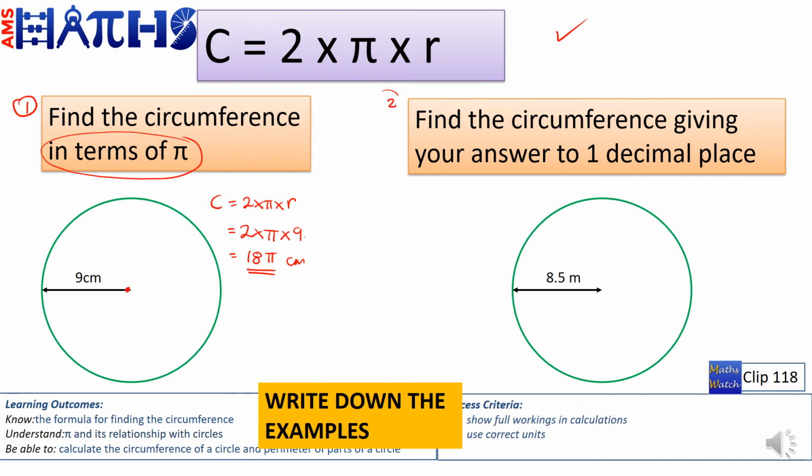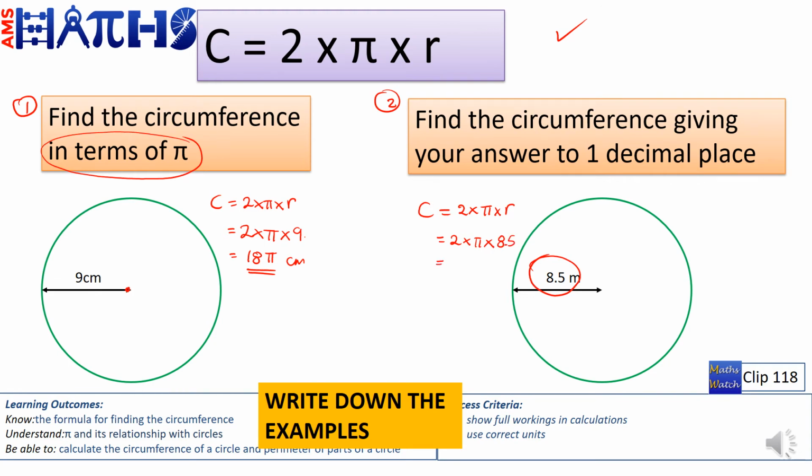The second example is to find the circumference, giving your answer to one decimal place. So we will do C is equal to 2 times pi times radius, because we've been given the radius. Alright, so that is equal to 2 times pi times the radius is 8.5.